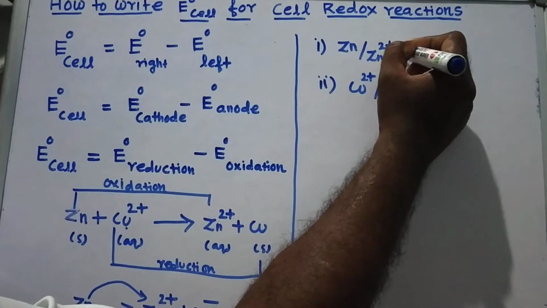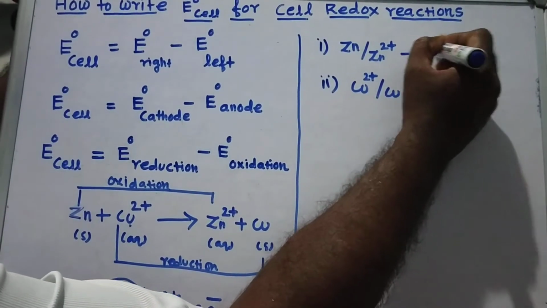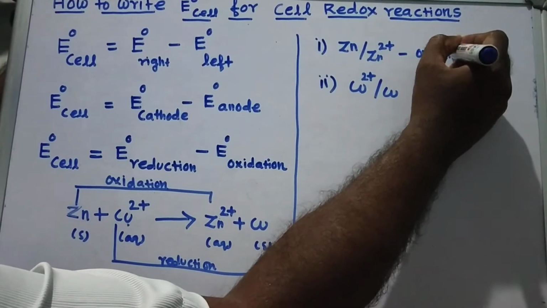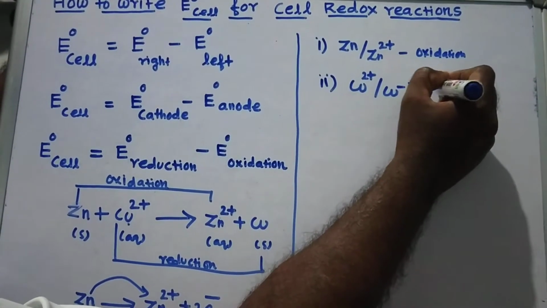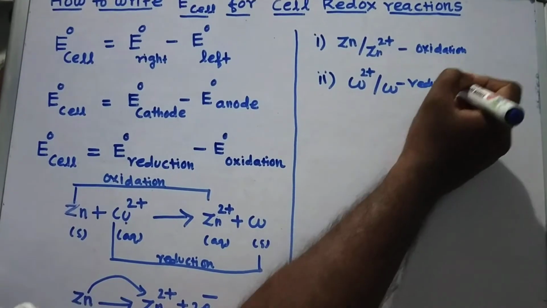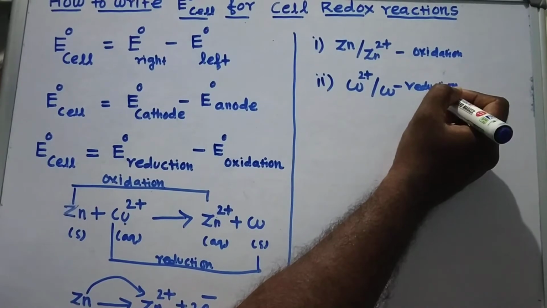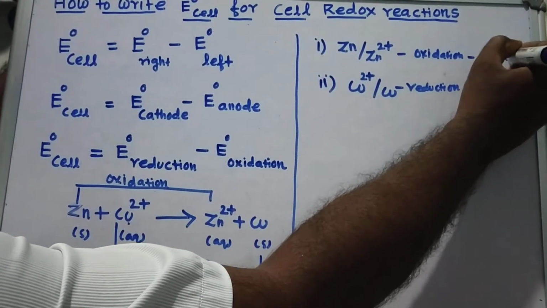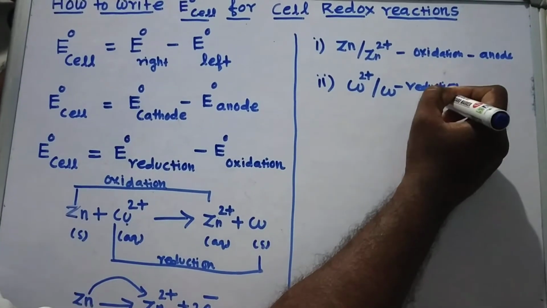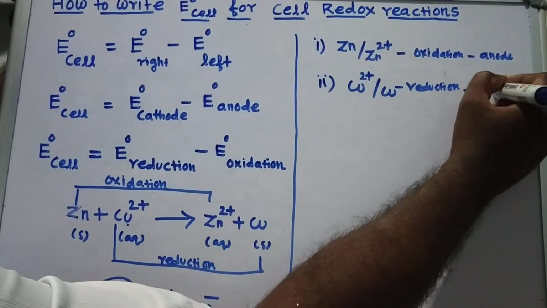Here oxidation takes place. Here reduction takes place. So it's well known that the electrode in which oxidation takes place is taken as the anode. The electrode in which reduction takes place is taken as the cathode.